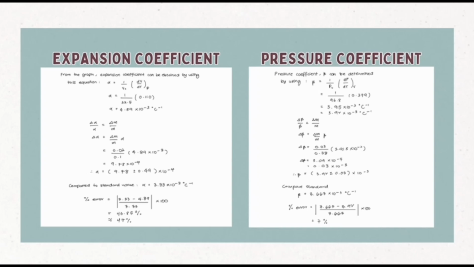Then pressure coefficient. Calculated pressure coefficient is 3.92 plus minus 0.03 times by 10 power of negative 3. Comparing it to the standard value, we obtain percentage error is 7%.